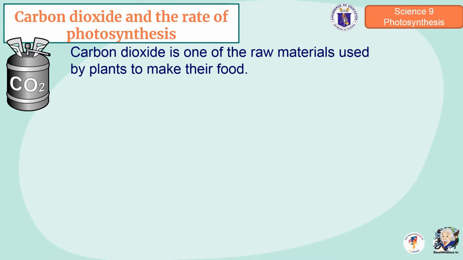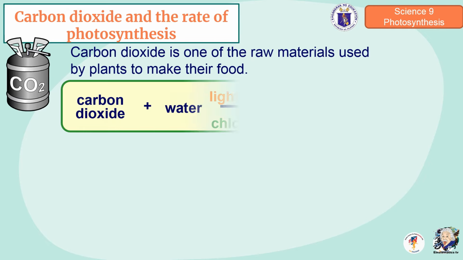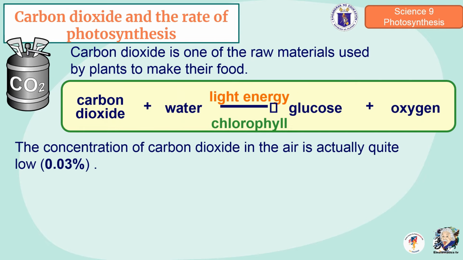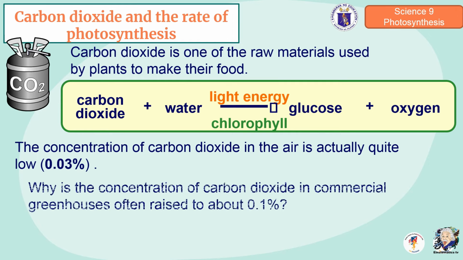We already know that another raw material needed for the process of photosynthesis aside from light is carbon dioxide. So how does carbon dioxide affect the rate of photosynthesis? The concentration of carbon dioxide in the air is actually quite low, which is 0.03%.